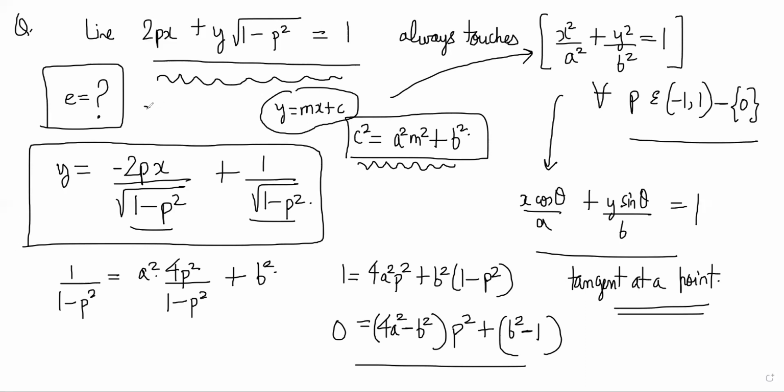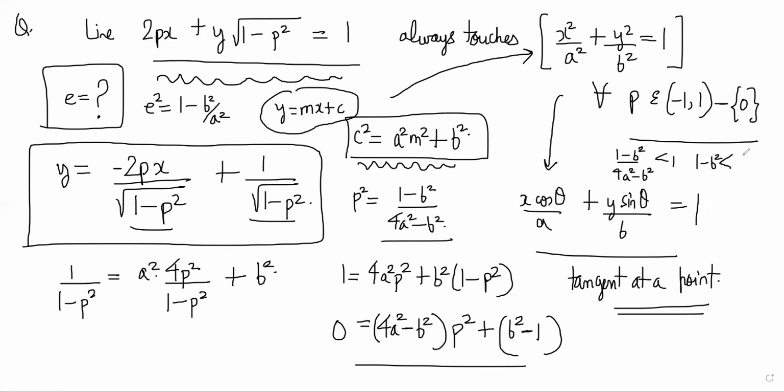Eccentricity is being asked. Eccentricity e square is equal to 1 minus b square by a square. Okay. You are getting from here, b square should be 1, and a square is b square by 4a square minus b square, right? Correct. And we have b square supposed to be less than 1. So 1 minus b square by 4a square minus b square is less than 1. So 1 minus b square is less than 4a square minus b square.